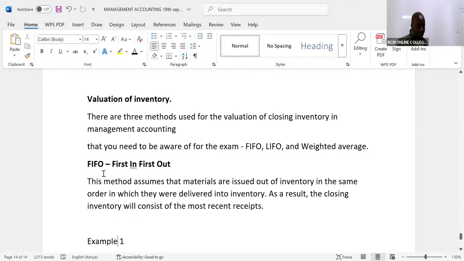FIFO is first in, first out. This method assumes that materials are issued out of inventory in the same order in which they were delivered into inventory.